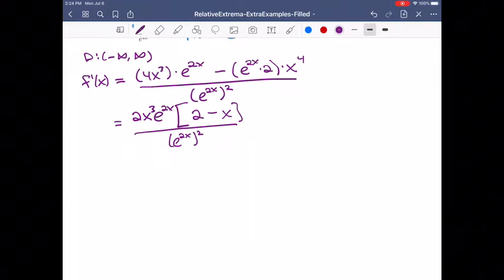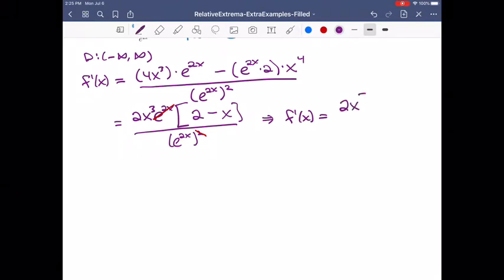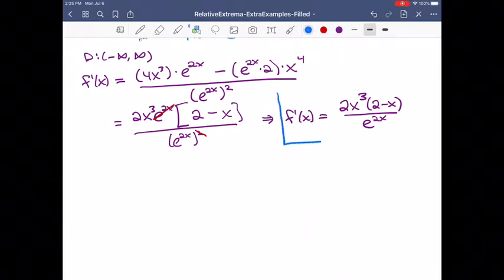I left it like this because I can now cancel one of these e to the 2x's with one of the ones on the bottom. And I get that my derivative is 2x cubed times (2 minus x) over e to the 2x. Okay, so that's my derivative I'm going to be using.